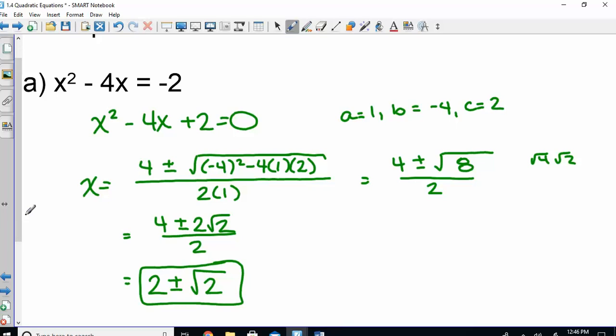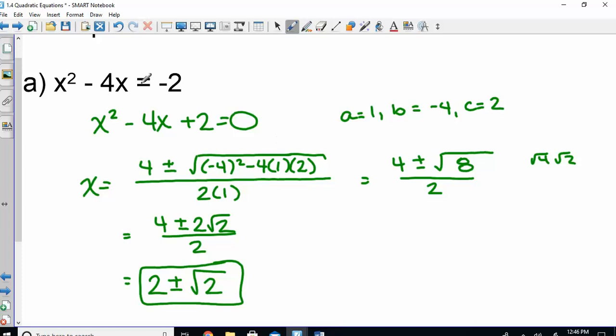Okay. I want to talk about one more piece. Sometimes we don't necessarily care what the answer is, we just care what our answer might look like. When we're talking about quadratics, we've seen all the problems you had for today.